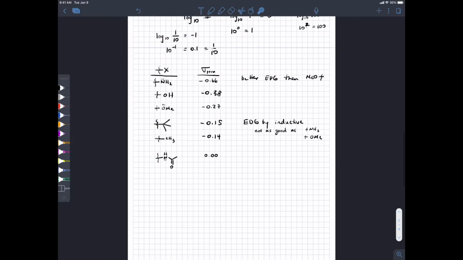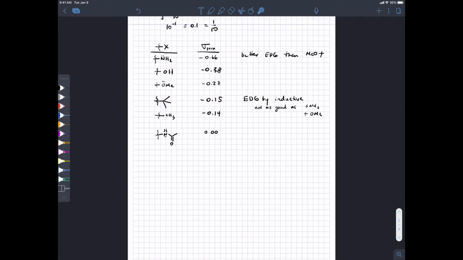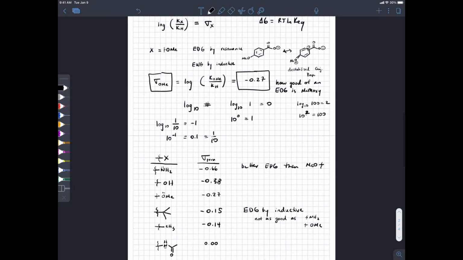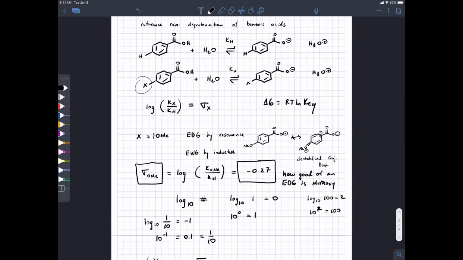Okay, so these are all the electron donating groups. Now, as we tip over into electron withdrawing groups, what do you expect? How do you expect this sigma value to change? If we had an electron withdrawing group here, what would that do to our equilibrium constant? Just make it better, right?